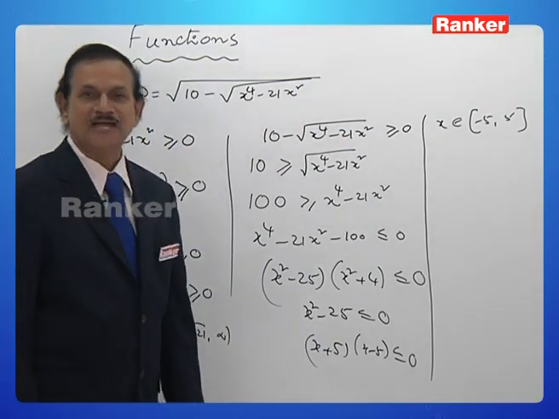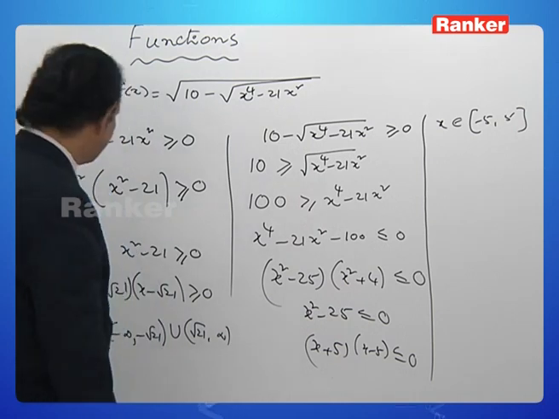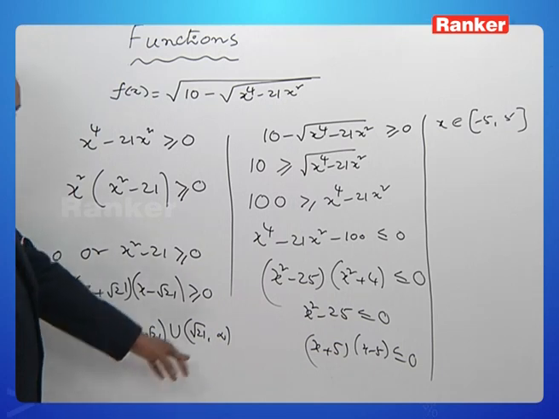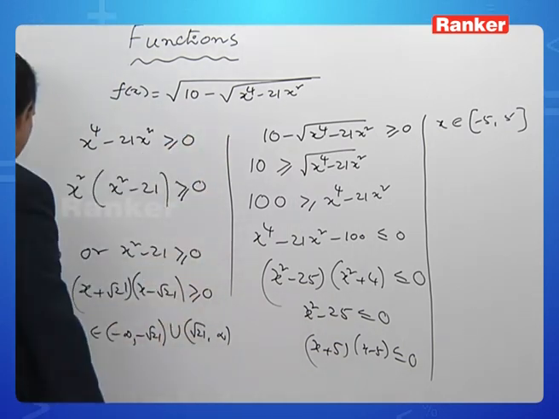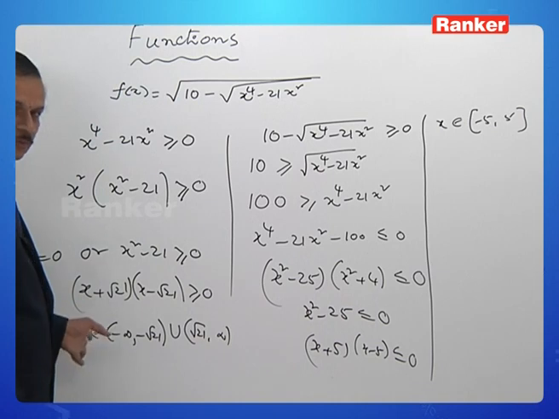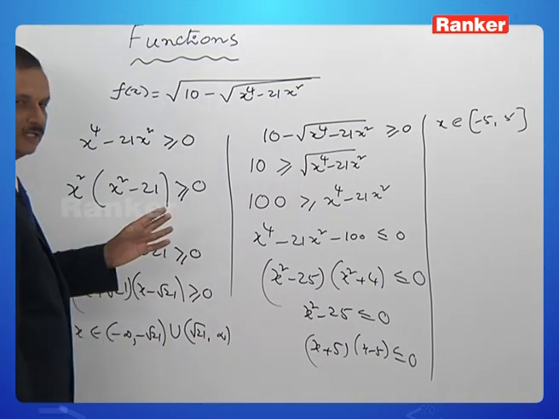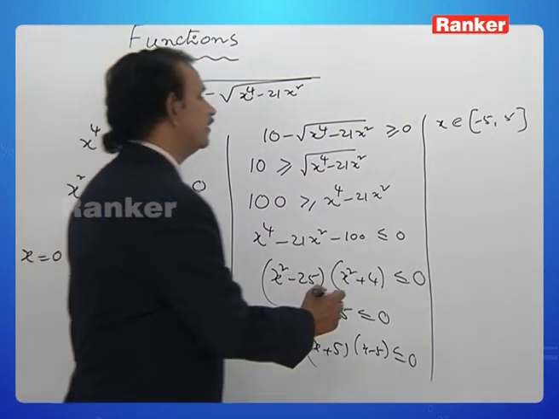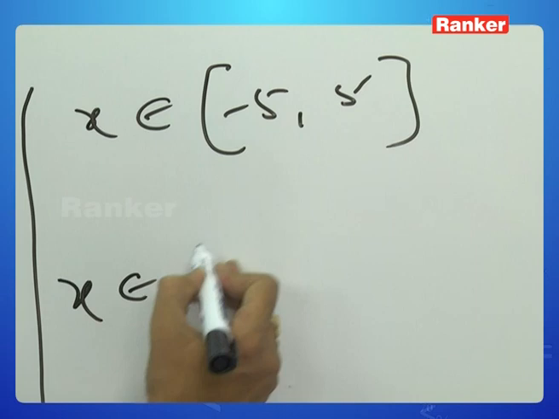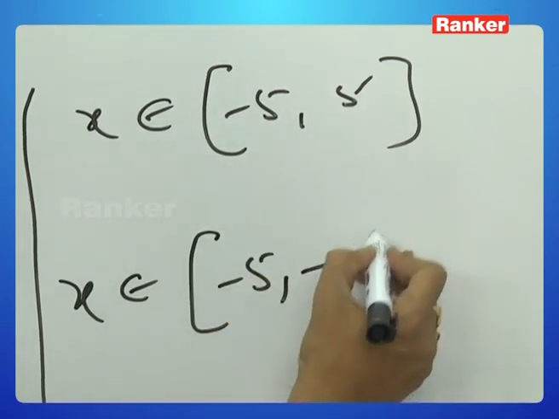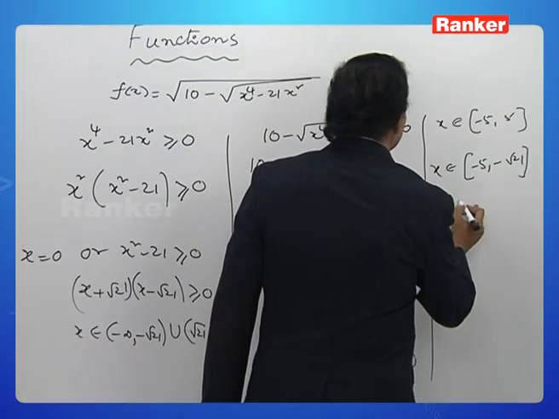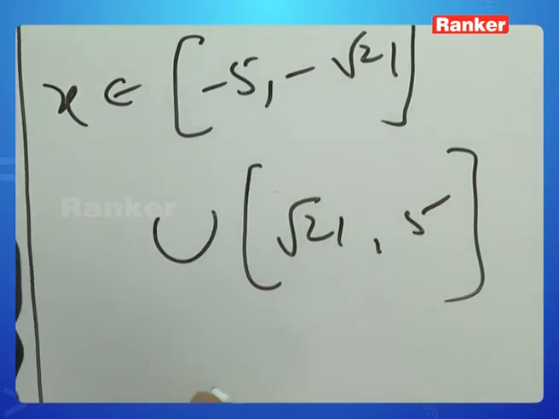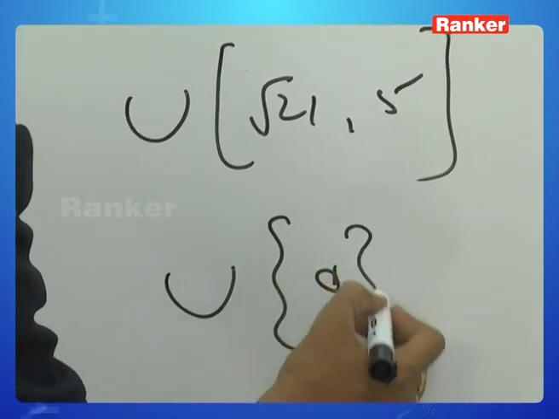Now, you have to consider all the three things in our mind. X may be 0, x may belong to this interval, and x belongs to that interval also. By having the intersection of all these two, rather the union of all these, the clubbing of all these gives us the third option as the right option, that is x belongs to minus 5 to minus root 21 union plus root 21 to 5 union singleton 0.